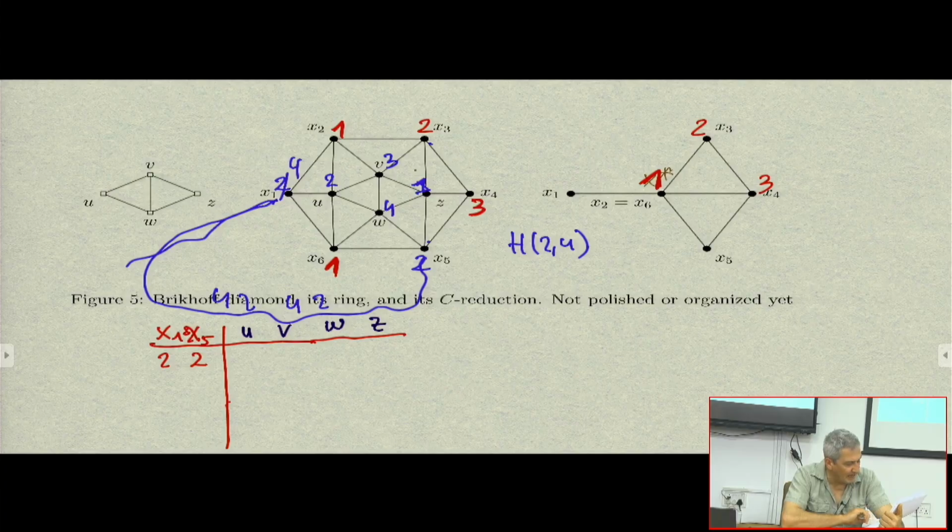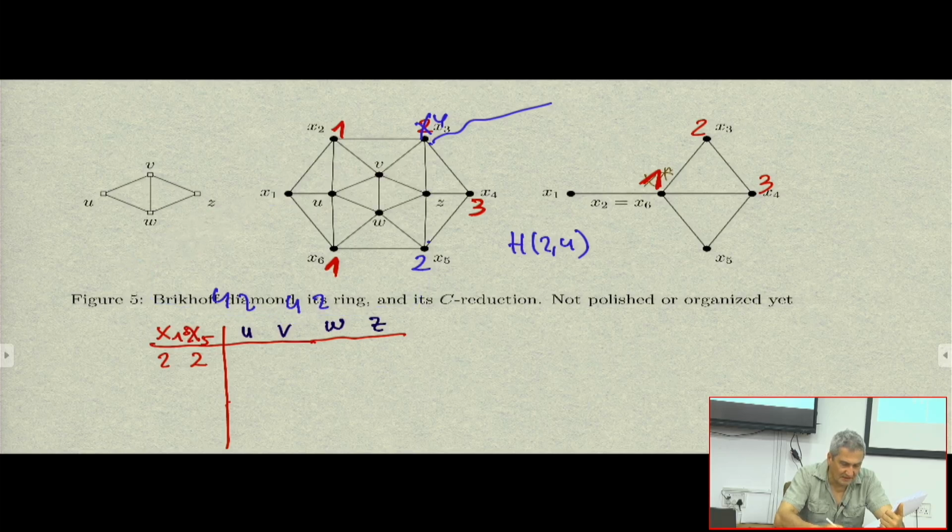Then again, using Kempe chain, we recolor x3 by 4, and then he creates new coloring here. This is, I think now is 2 here, yes, and then 4, and then he extended to Cu is 4, Cv is 2, Cw is 3, and Cz is 1. He does like this, and then gets coloring again.